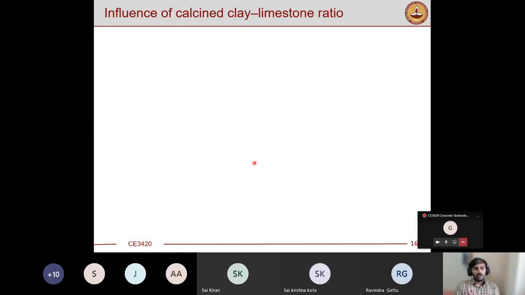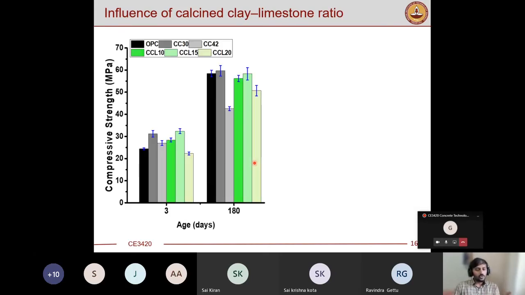So why go for a combination of this calcined clay and limestone? What is it going to do? Here I am presenting some strength development of limestone calcined clay combination. The black line indicates strength of OPC. The gray bars are strength of just calcined clay, for 30% or 42% calcined clay, right?